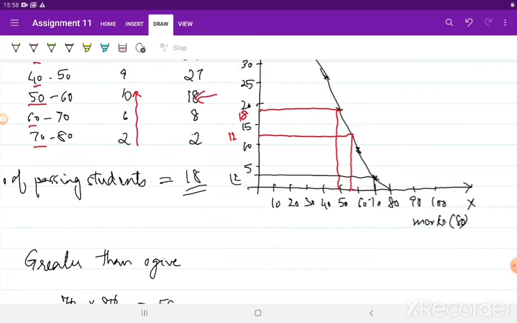We know that those who got greater than 70%, or greater than 56, are 12, and to have a look at who all got greater than 48, which would be around here. So let's say around 22 people.